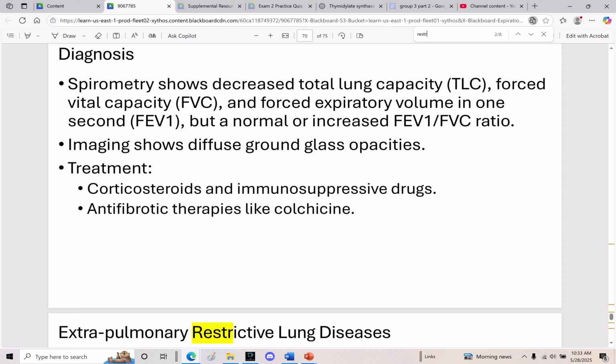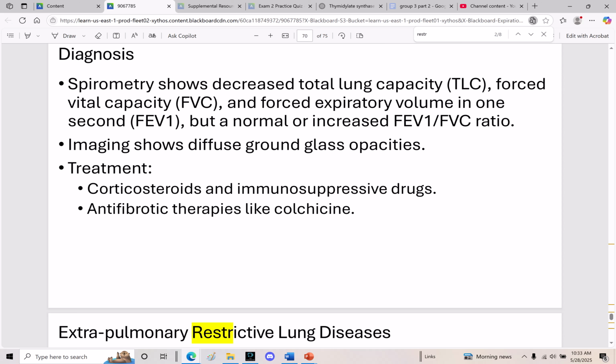Now, that's intrapulmonary. What could be extrapulmonary? Either the thoracic cage itself, as we said, or the muscles, either the intercostal muscles, the diaphragm, and so on. Okay? So causes are going to be damage to the rib cage, diaphragm, or the nerves innervating these structures, preventing lung expansion.